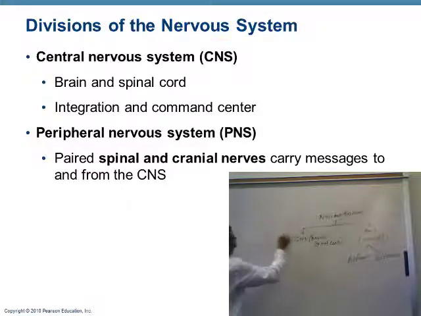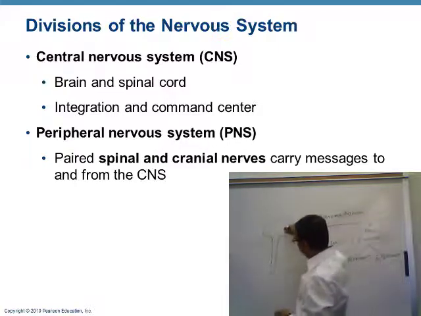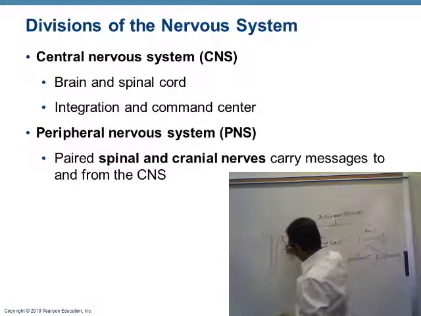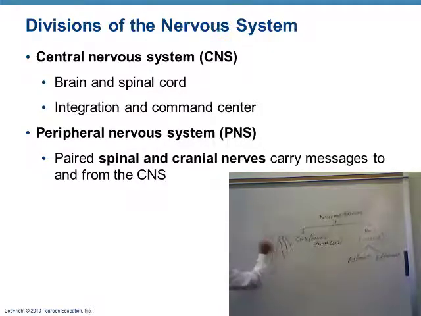This is your brain, this is the spinal cord. Okay, so what happens, many nerves are attached to the brain, and these are the nerves attached to the brain, and many nerves are attached to the spinal cord, on both sides of the spinal cord.